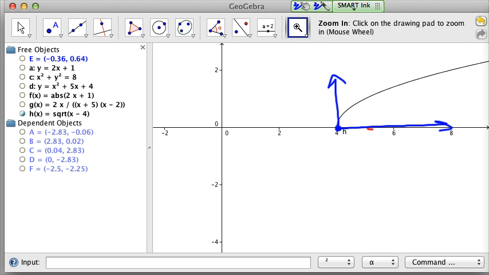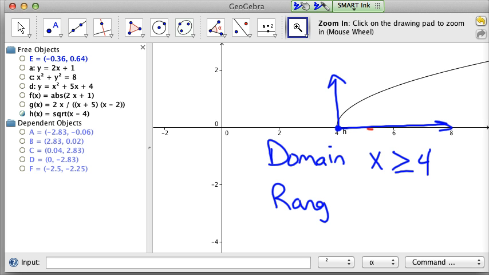So that has a couple different meanings. My domain in this particular case is all real numbers where x is greater than or equal to 4. And my range is all real numbers where y is greater than or equal to 0, because it starts here at 0 and heads up.